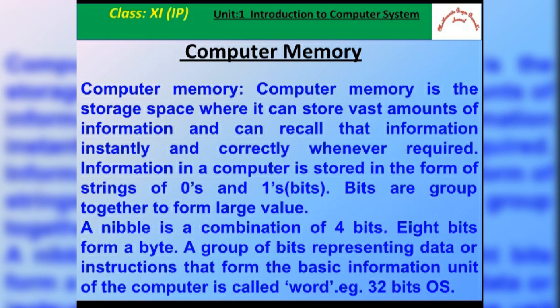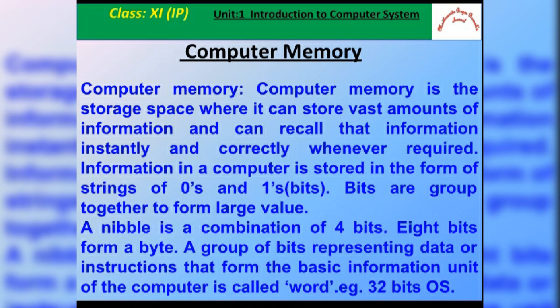Since each byte is a combination of 8 bits, a word of 16-bit size can be called a 2-byte word. Each word of information is retrieved or stored as a unit in the memory. Thus, a computer with 16-bit words will be slower than a computer with 32-bit words.